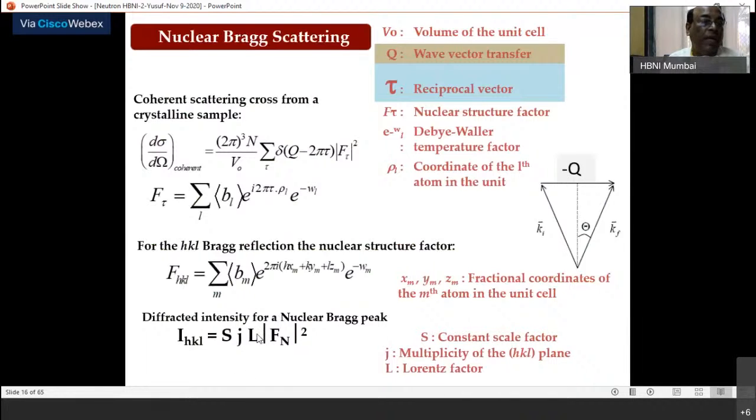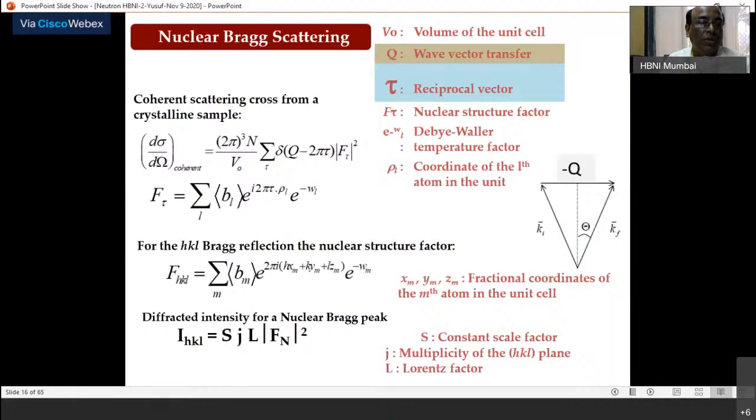L is the Lorentz factor. Again, if you have done X-ray diffraction, you know all this. These are not new for neutron scattering. This structure factor is also known for X-ray scattering. The only difference is that here you have the neutron nuclear scattering length.